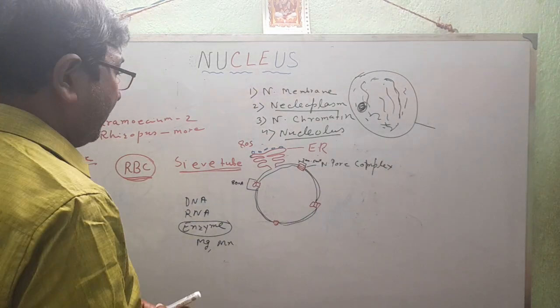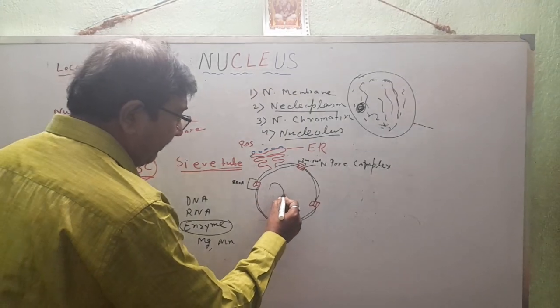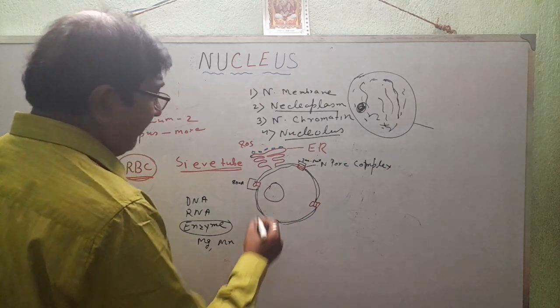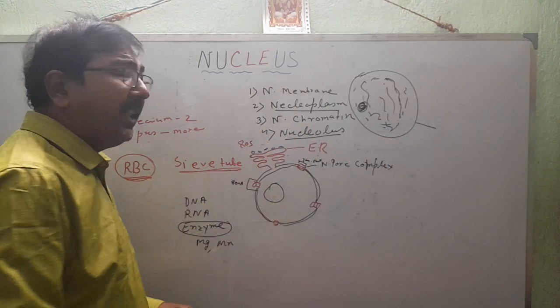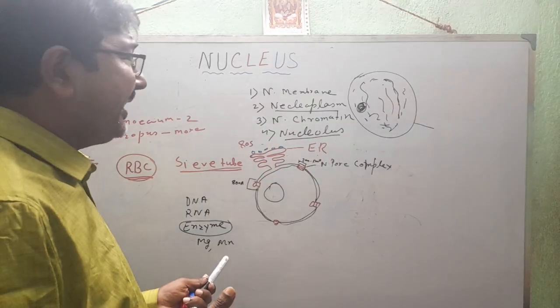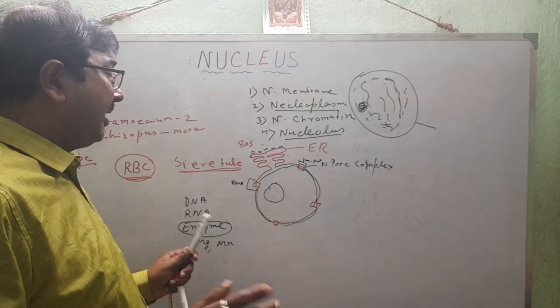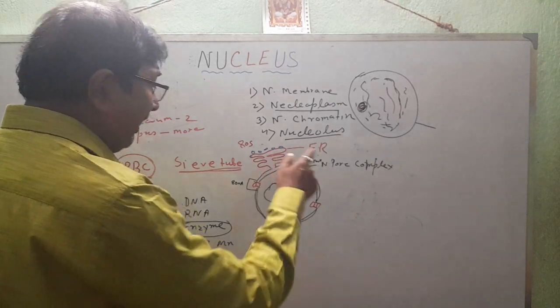Then another is the nucleolus. The nucleolus is very important, a round structure present in the nucleus. This nucleolus is not covered by any membrane. No membrane is there, but it looks like it has a cover. Why?